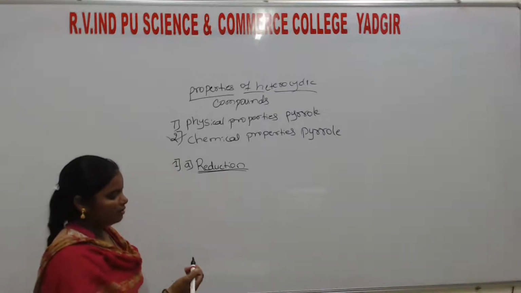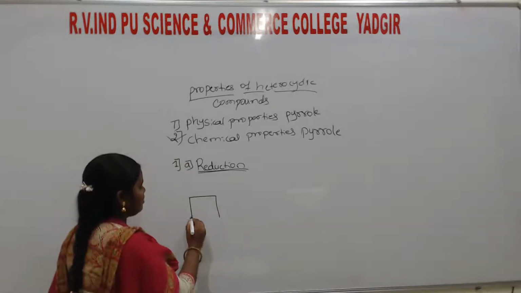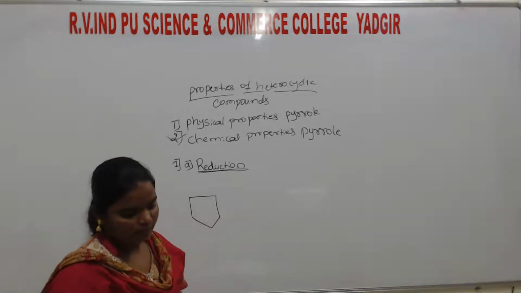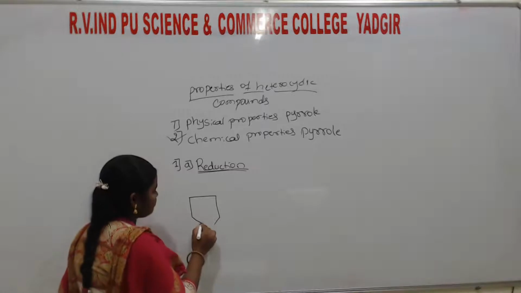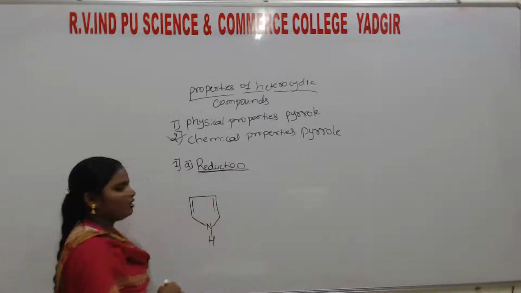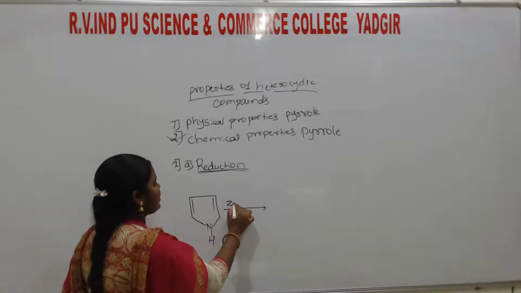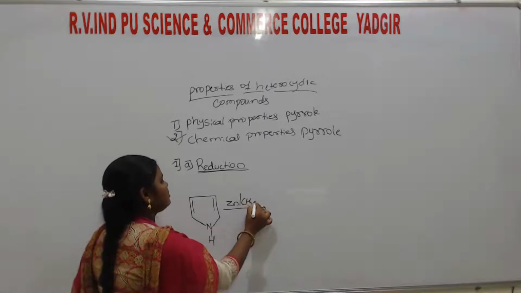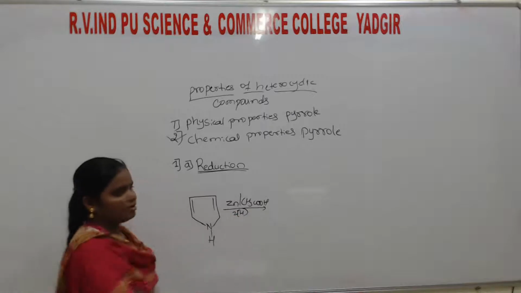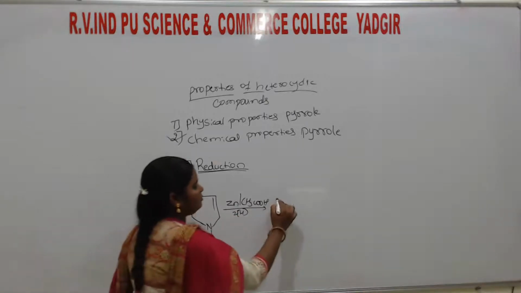Here you see pyrrole. Reduction takes place here with Zn and acetic acid. For reduction you have to write 2H here, and it forms pyrroline.